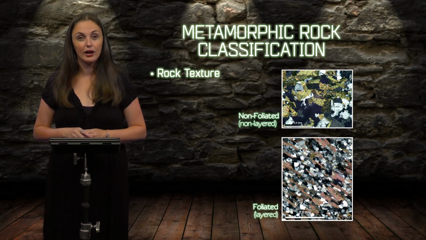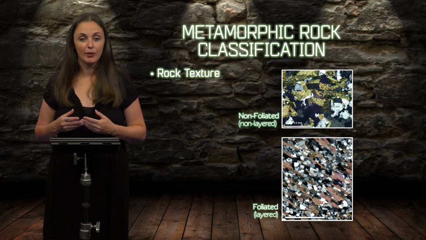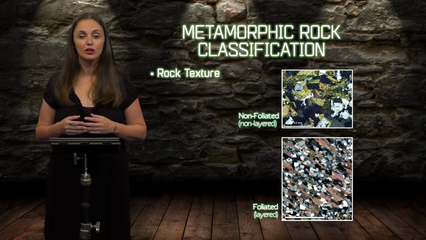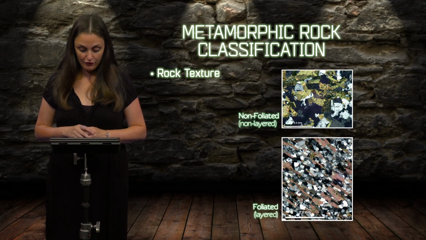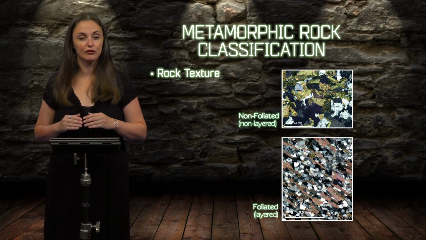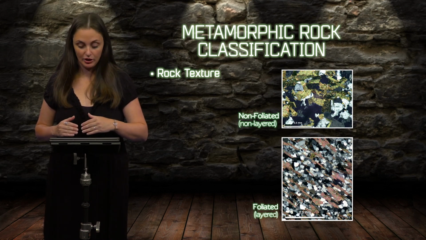In the case where the rock itself is non-foliated, you could see under a microscope, and often in hand sample as well, that there is no clear alignment of the minerals in any one particular direction. If the rock is foliated, then the minerals that are kind of flat and platy are going to align in one particular direction.